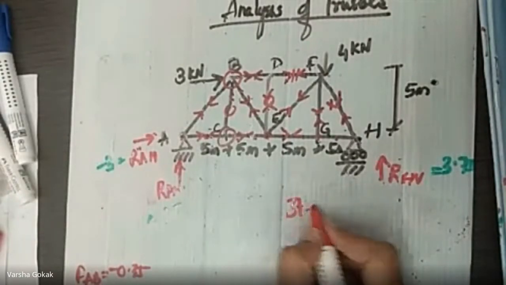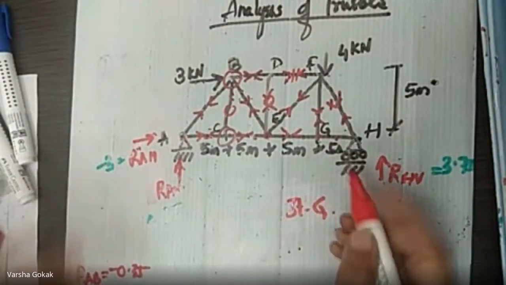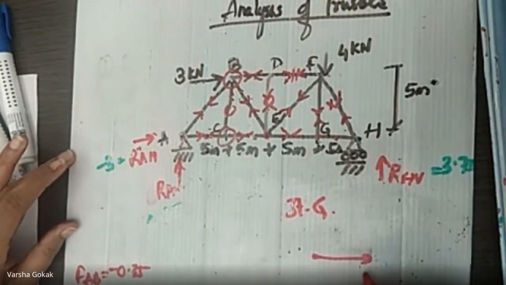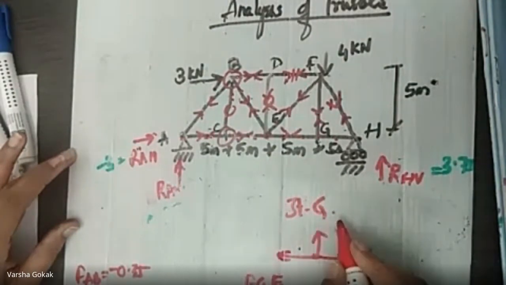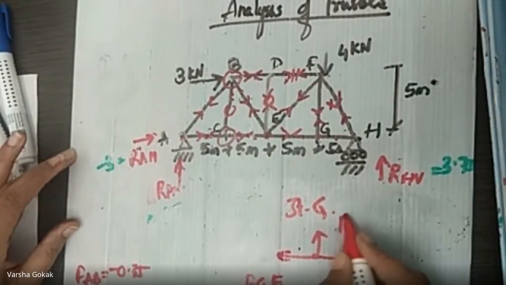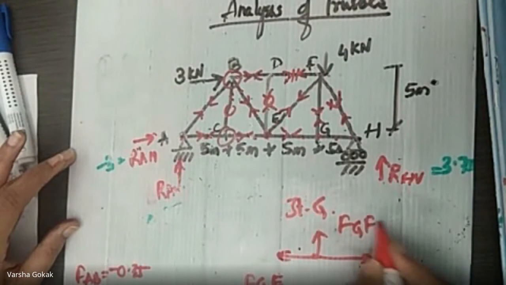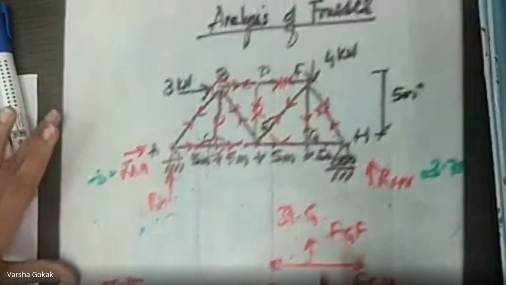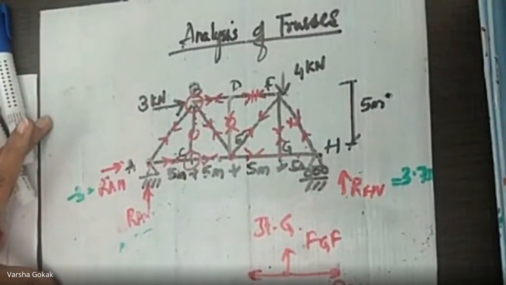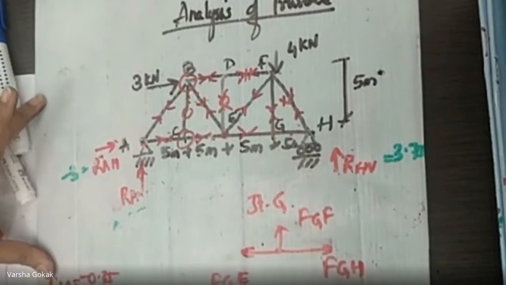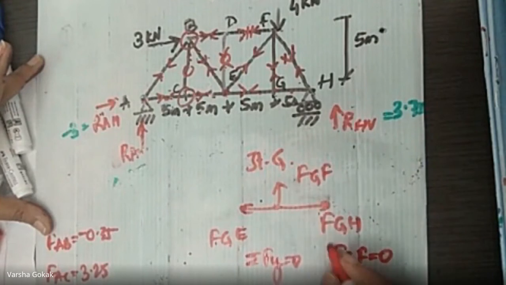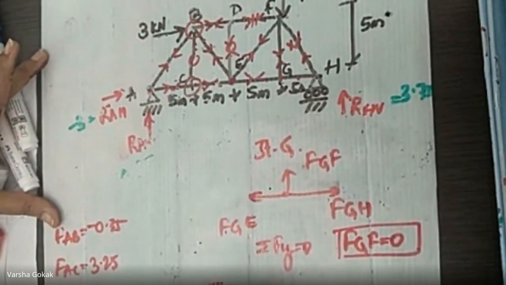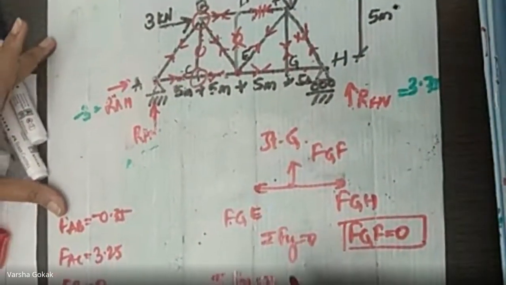So I take joint G. Joint G has one, that is F_GH, another F_GE, and one vertical, that is F_GF. Right? Now from the figure only, when I take summation F_y equal to 0, I get to know that F_GF is 0. No other forces are there. Then take summation F_x equal to 0.